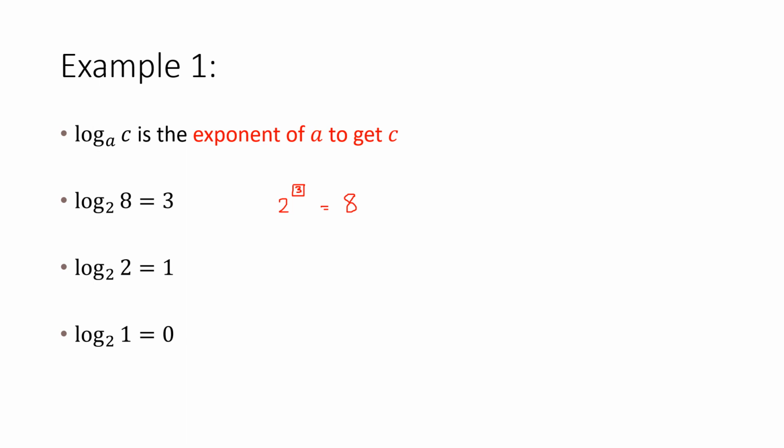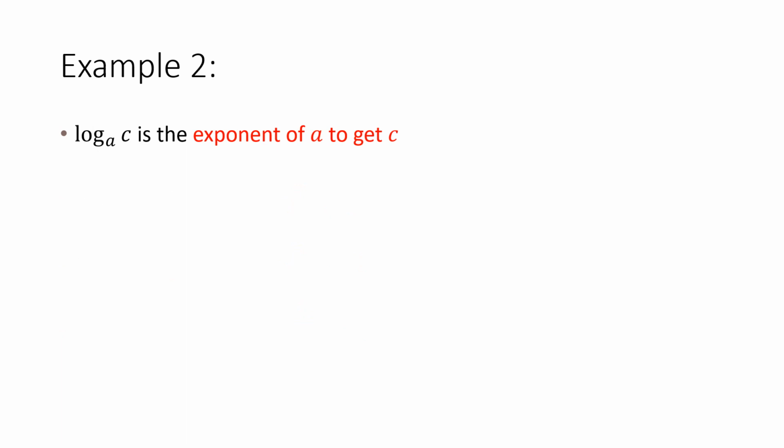Similarly, the exponent of 2 that gives us 2 is going to be 1. And finally, what exponent of 2 gives us 1? That's going to be 0. So that's what log means.